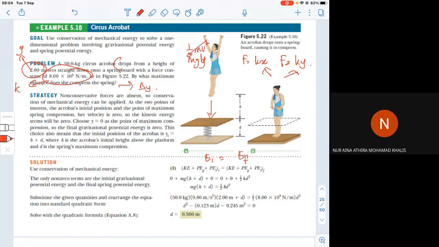But at this moment, the initial part will be 0. What happened when she tried to move it here? Of course, when it involves a spring, now we should consider half kx squared as its potential.